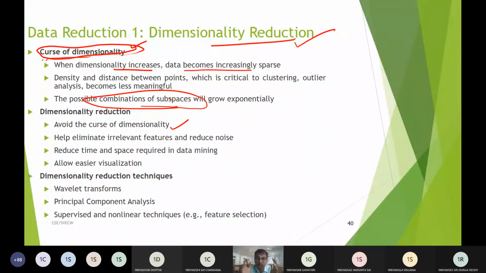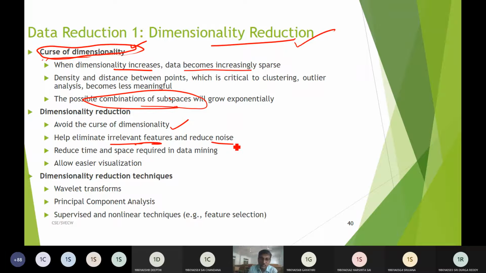All the attributes are not needed for the relation, only a few attributes are needed, and only those items we have to take up. How are we going to take them up? We are going to eliminate the irrelevant features. Whatever features I need, only those I am taking, and the remaining features I am not going to consider. So we call it elimination of irrelevant features.